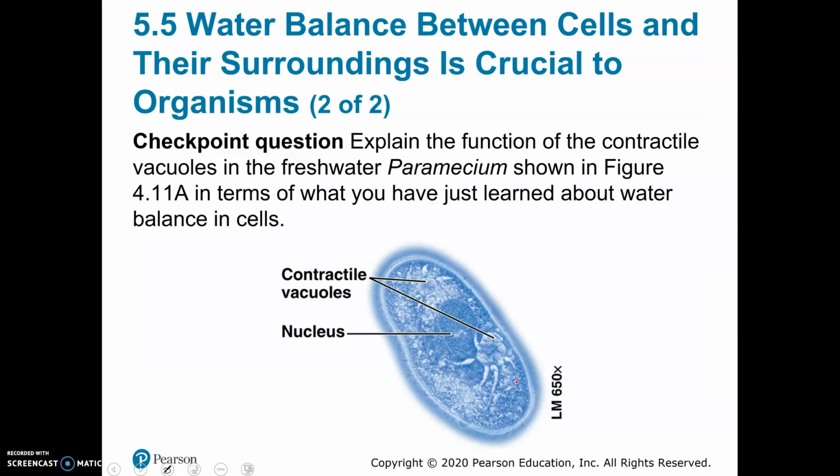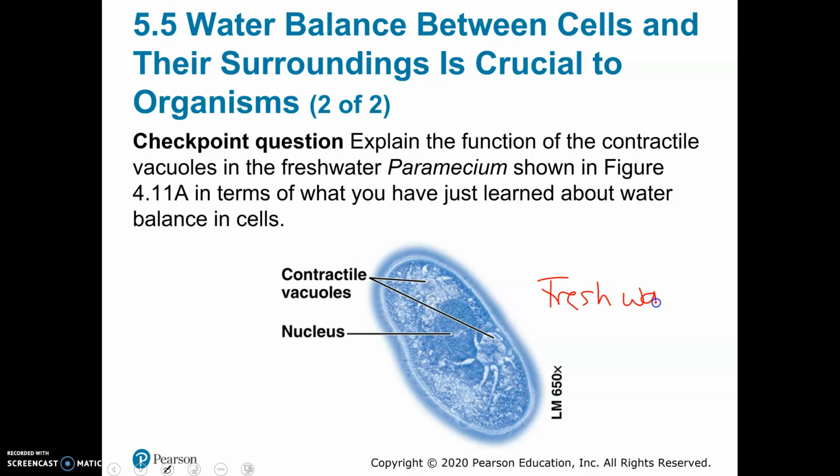All right, so how do organisms monitor their balance? Well, like I said, in animals, we use hormones to do that. But in little organisms like this organism, this is a Paramecium, they do not actually have an isotonic solution around them. They live in fresh water, like in a lake.